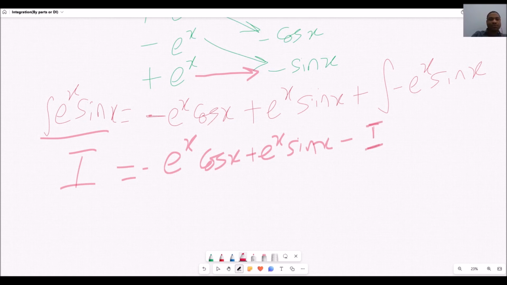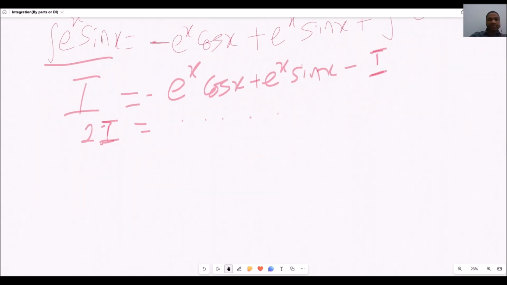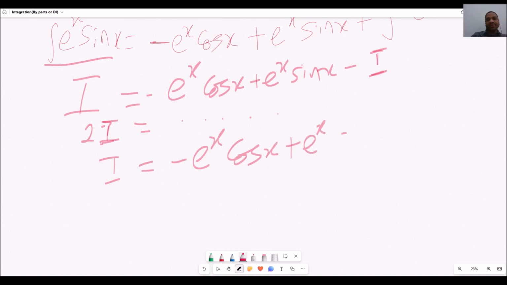So this will be 2I equals the same thing. I don't want to write it. So I will be minus e to the power of x cos x plus e to the power of x sine x, over 2, plus c.